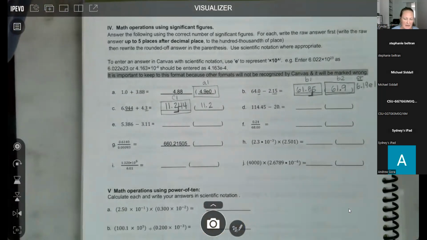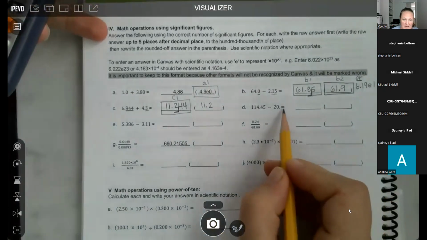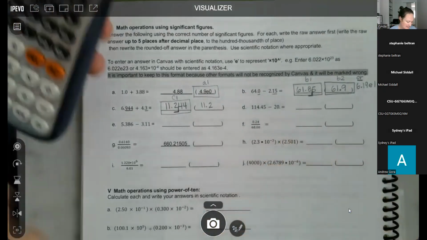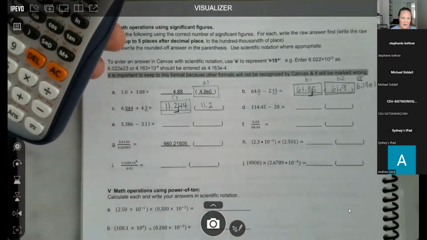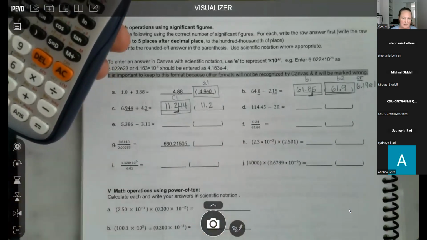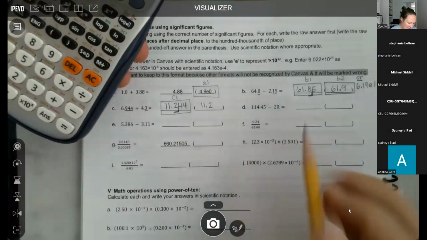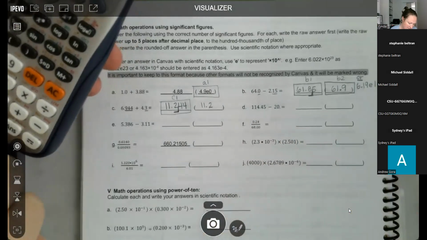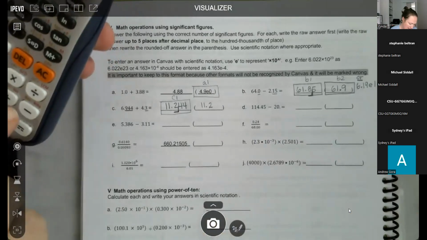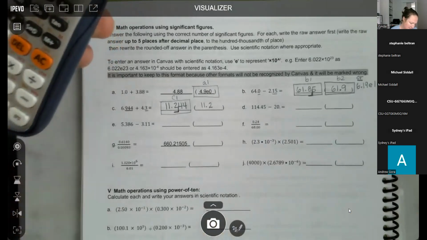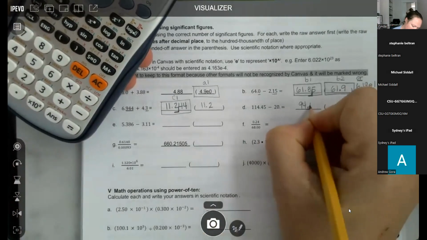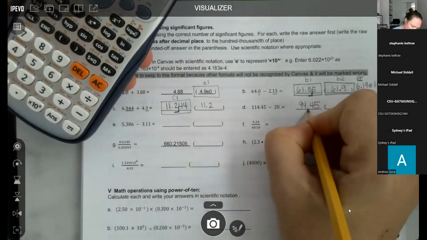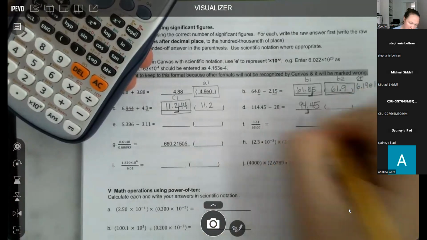Here we have no places past the decimal, so we want to be careful to round our answer to that point, of not having any numbers past the decimal. So 114.45 minus 20 gives 94.45, but nothing past here is significant.